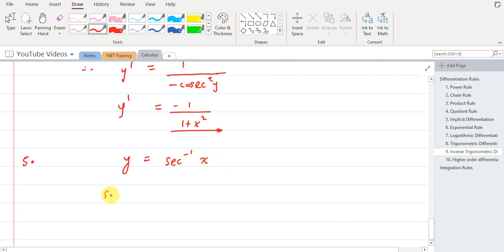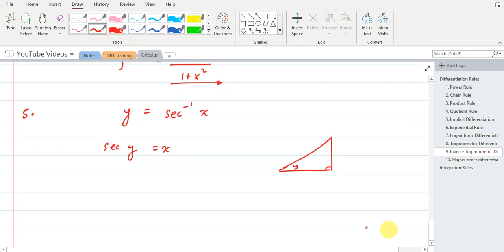So sec y is equal to x, and draw a triangle quickly. So this is y. Sec is the reciprocal of cos, and cos is adjacent over hypotenuse, so sec is hypotenuse over adjacent, x over 1.